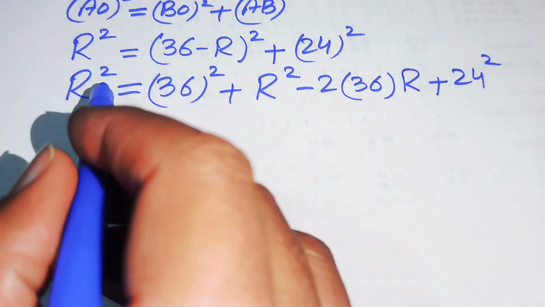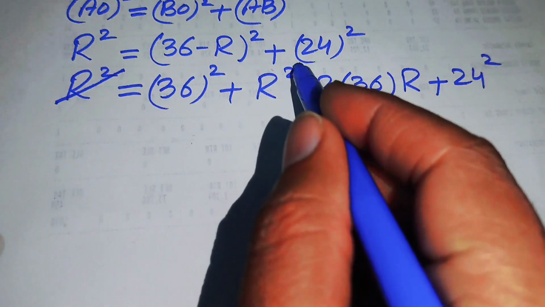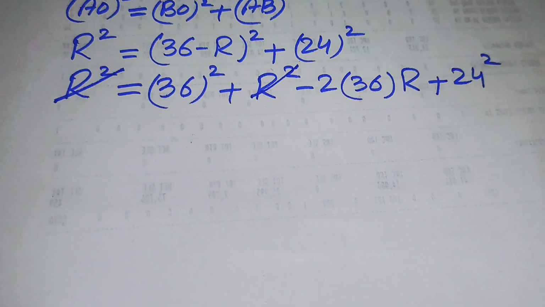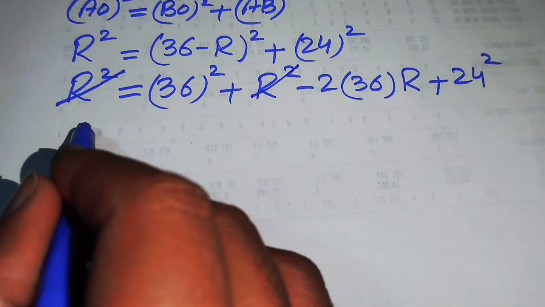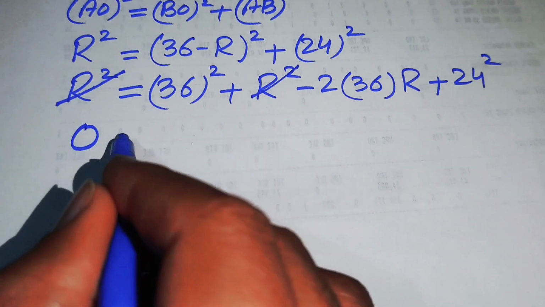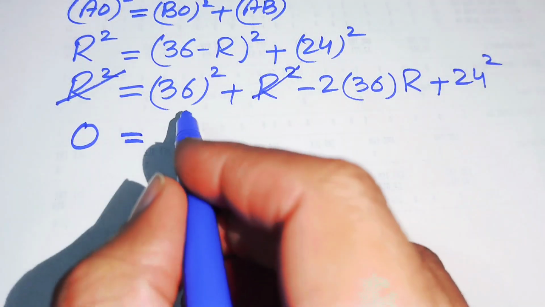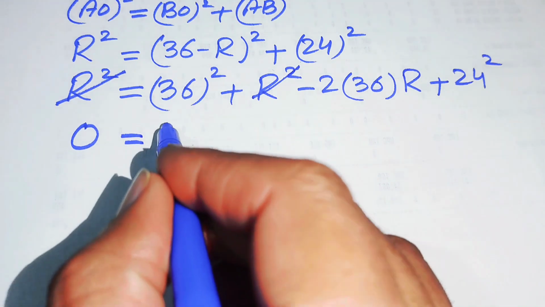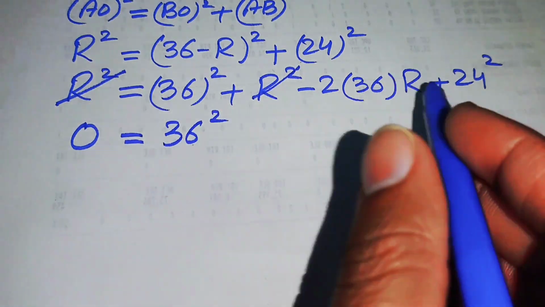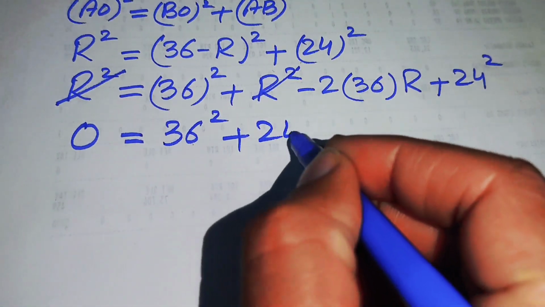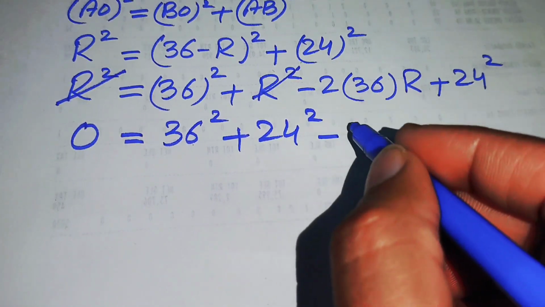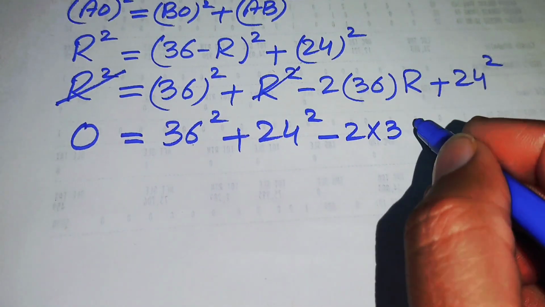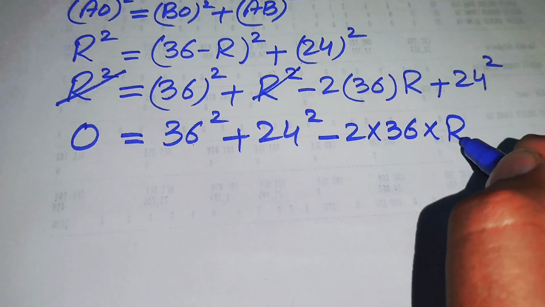In the next step this R square cancels out with that R square, and we get 0 equals 36 square plus 24 square minus 2 times 36 times R.